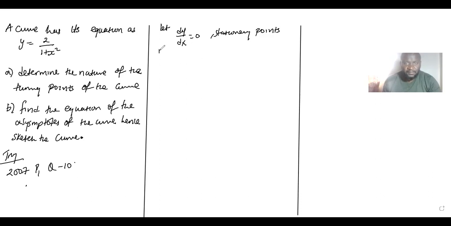So you will have dy dx equal to 0 times 1 plus x squared minus 2x times 2 divided by 1 plus x squared, assuming everyone is very comfortable with the quotient rule. So this will give us negative 4x out of 1 plus x squared.